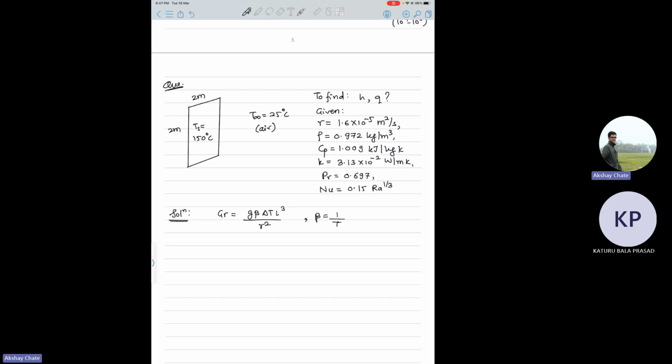So here the average temperature will be 150 plus 25 divided by 2. But that will be in degrees Celsius, right? So T average is 150 plus 25 by 2.